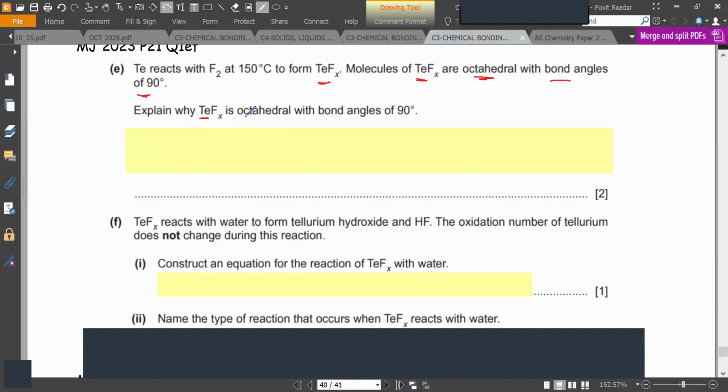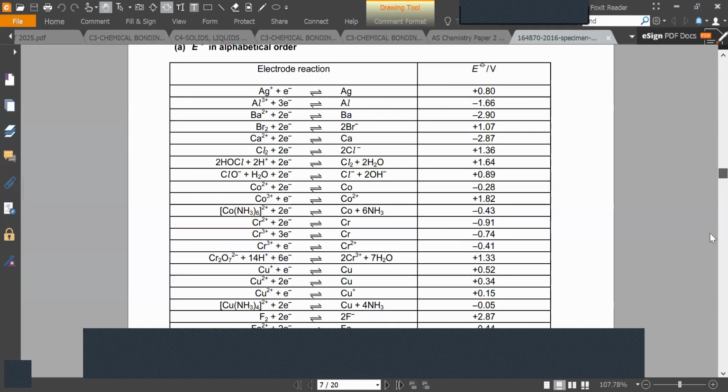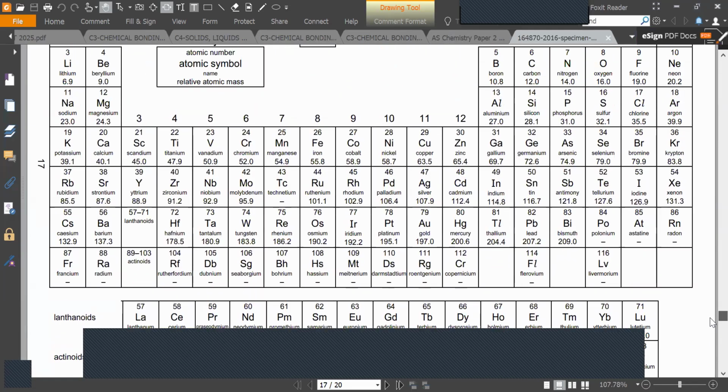Whenever we see octahedral with bond angles of 90, it means we have six bonds formed around Te. If we look at the periodic table, let me show quickly where Te is.